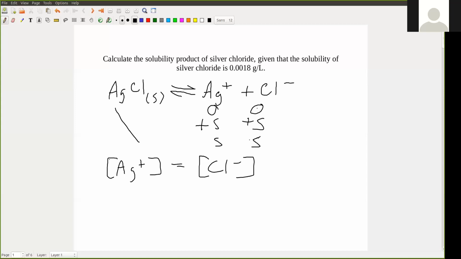So when we're doing our calculation of our KSP, our solubility product, and we do products over reactants, we don't even consider the reactant because it's a solid. And recall that whenever we're doing these calculations, we're only considering aqueous and gaseous species. So in this case, we're just going to consider Ag plus times Cl minus.